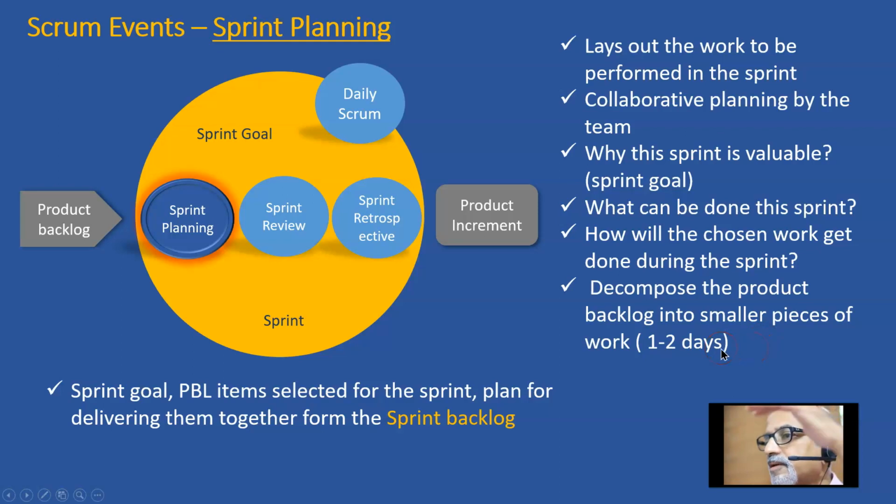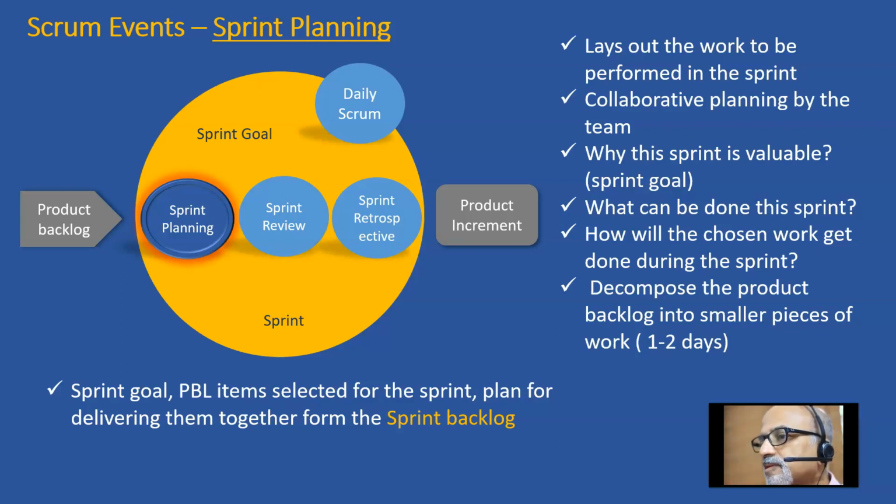So that your sprint burn down chart will see some movement. Some tasks will get over, some tasks will get carried forward. So if you have a task which runs for 10 days, then the burn down chart will not show a deviation for 10 days. The whole sprint itself is for 30 days.